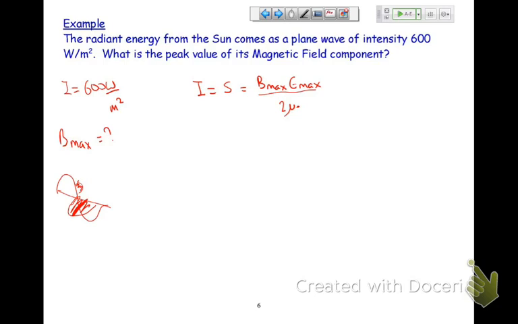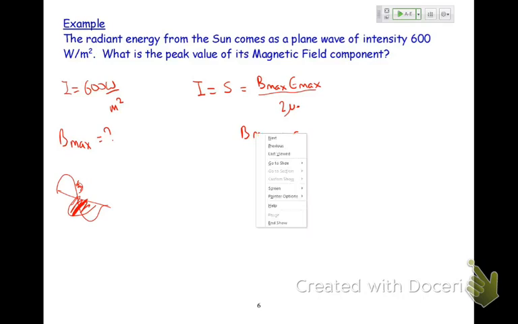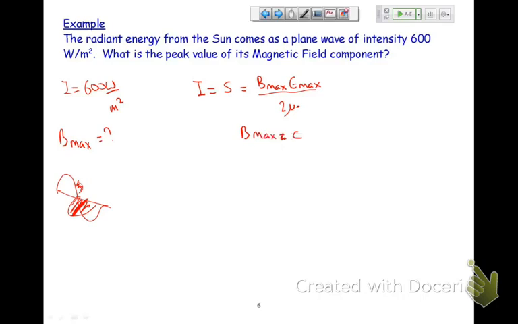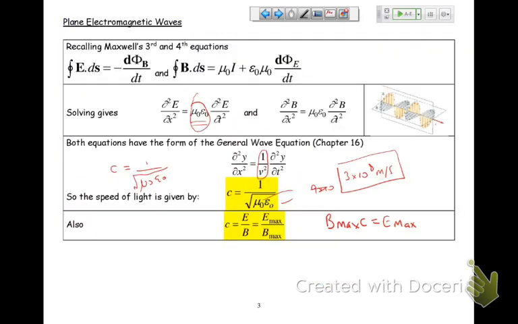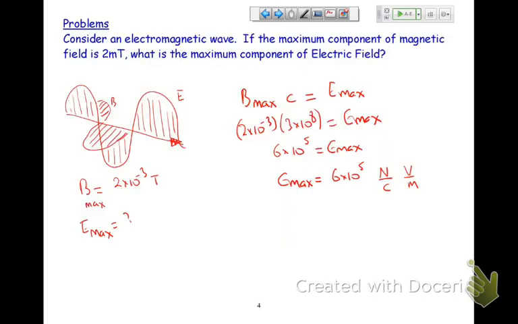Which way around is it? Is it Bmax equals, or Bmax times c is equal to Emax? I've got to go back and have a look. It is Bmax c.